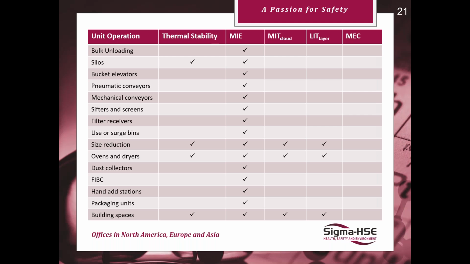So we should know what any potential risk is, thermal stability wise, for decompositions to occur. Same goes for size reduction, milling, ovens and dryers. It's useful to test for minimum ignition temperatures, both as a cloud and layer, because we might have hot motors present, or metal on metal glancing, which can cause hot sparks to be present.